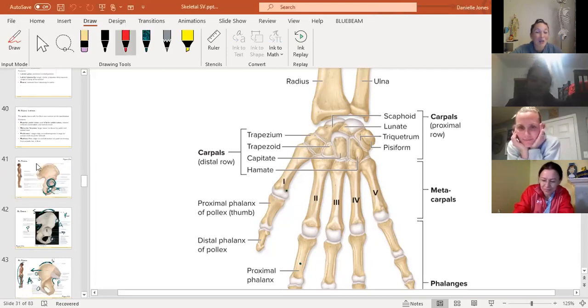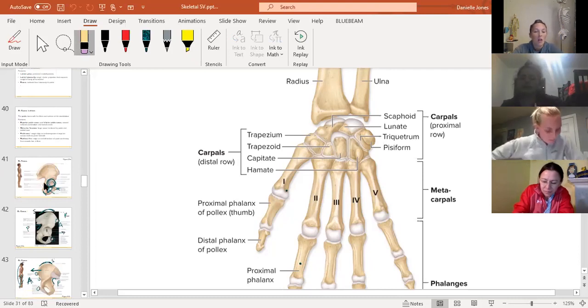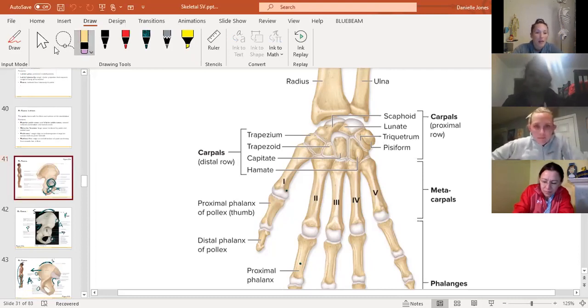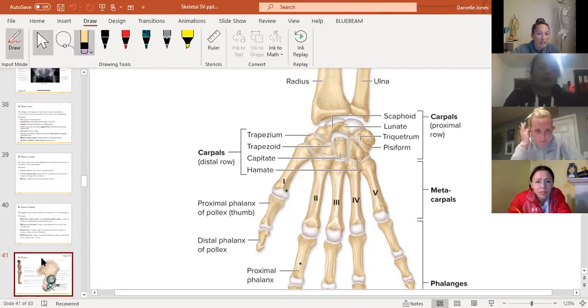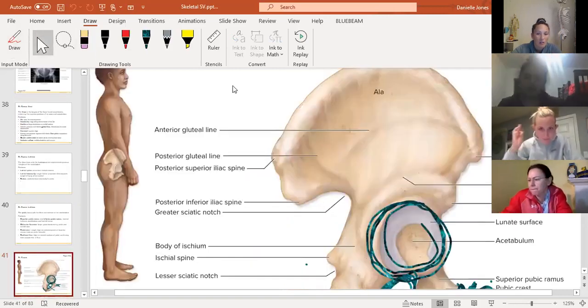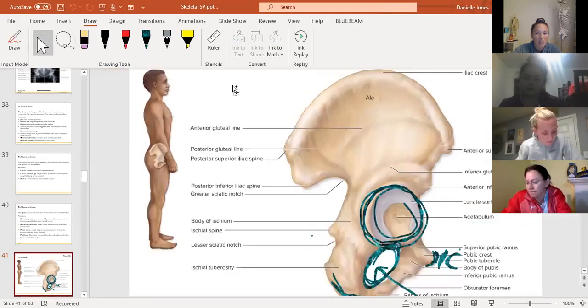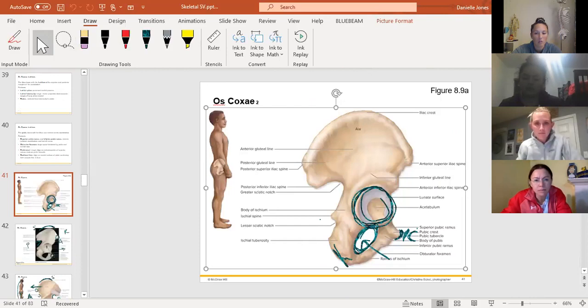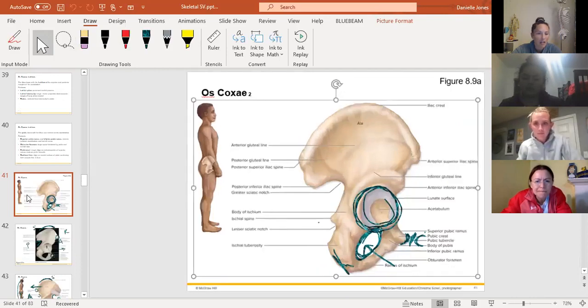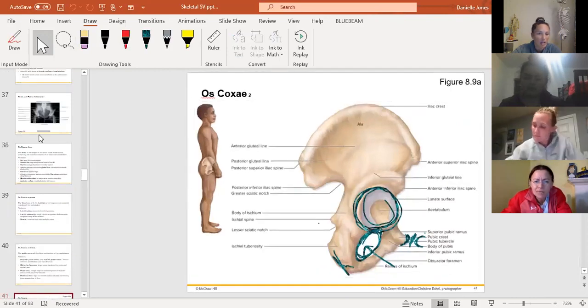We're going on to the lower appendicular. Now, I do want to say real quick before we get on to the lower appendicular, there is a single bone, and then we also have the bones articulated together. Remember today how we talked about how there's 206 bones in an adult, and then as an infant you have 300.